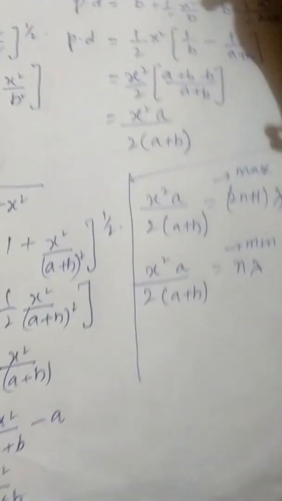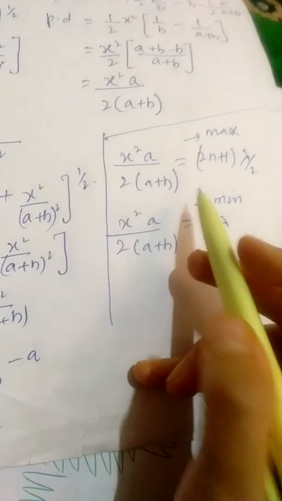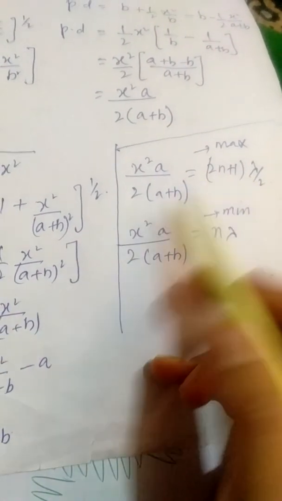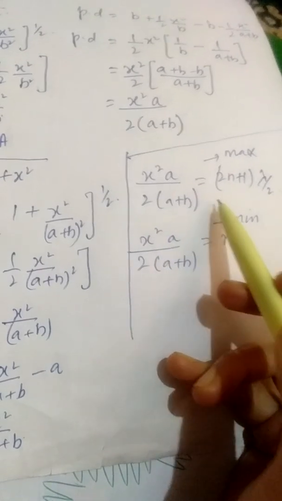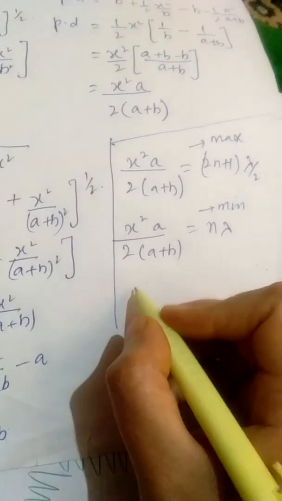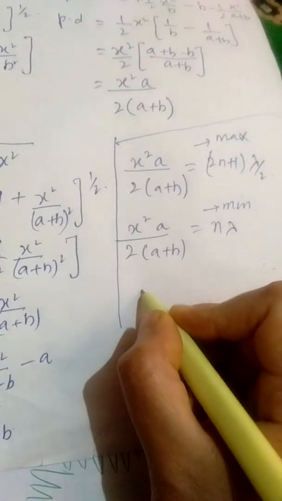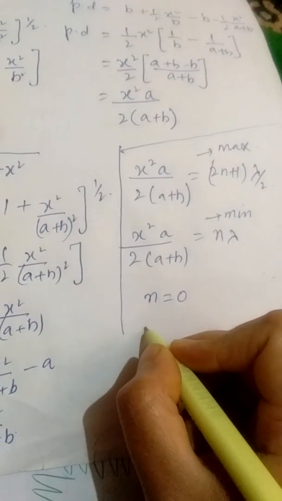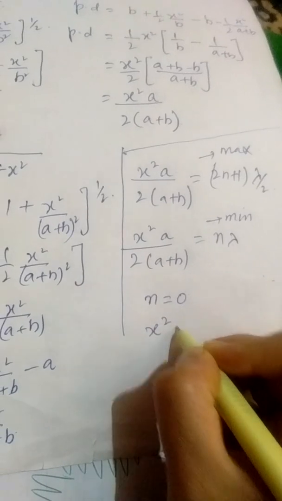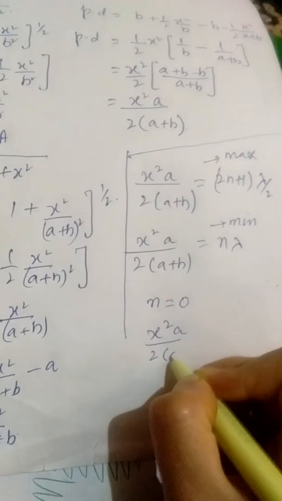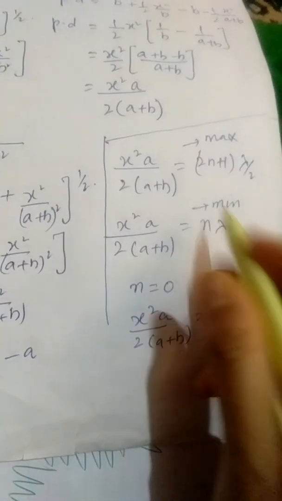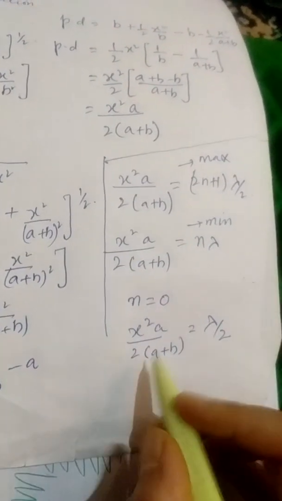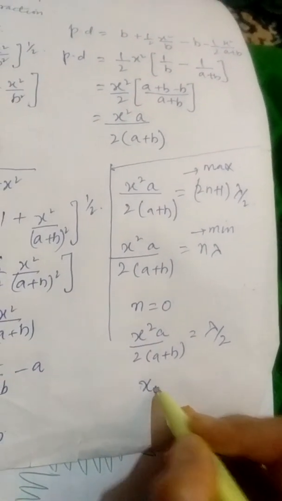Now let us give values to this maxima condition for the two extremes, that is the first bright and the last bright. So for the first bright, n will be equal to 0, right? So x square a by twice a plus b will be equal to lambda by 2 only, right? So 2 and 2 will go. What is x naught?